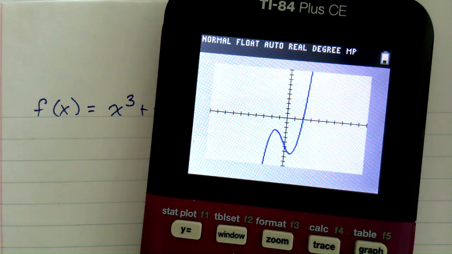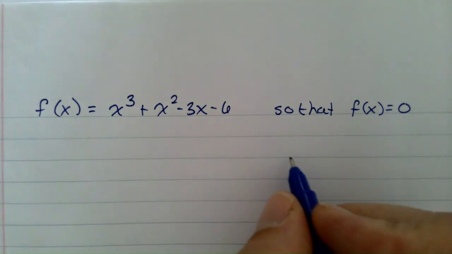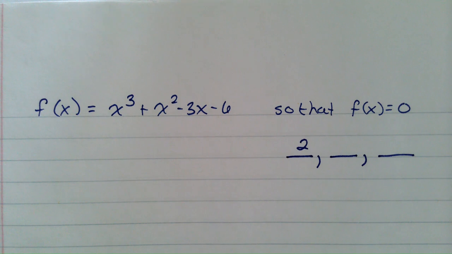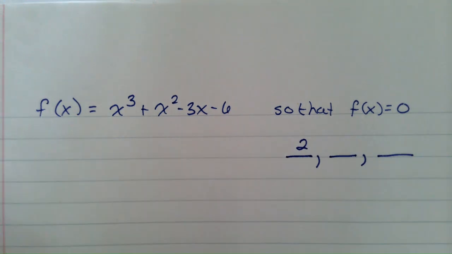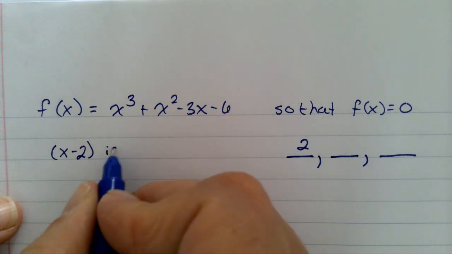But I want to find all the solutions, not just all the real ones, and I'm supposed to find 3 answers. So since it crossed at 2, I know 2 is one of my roots. So I know x minus 2 is a factor.